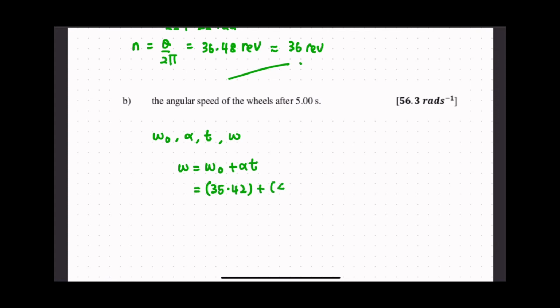Alpha is 4.17 and t is 5 seconds. So 4.17 times 5 plus 35.42, you get 56.27 radian per second.